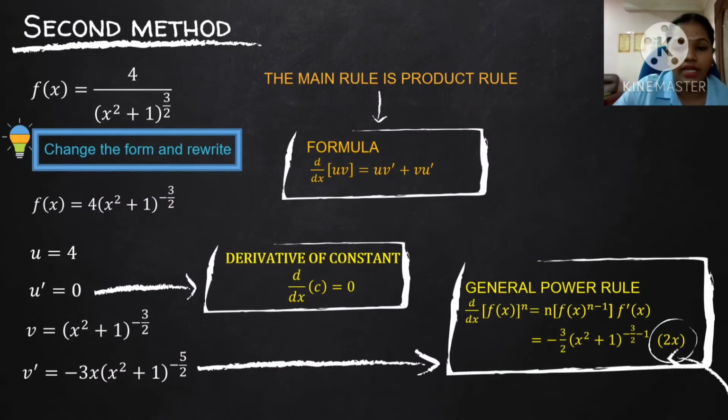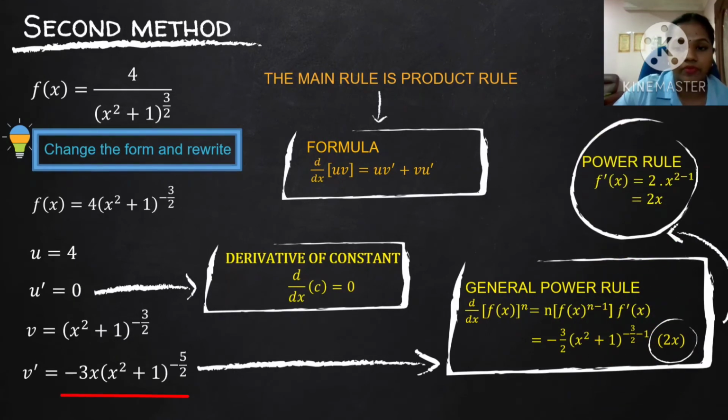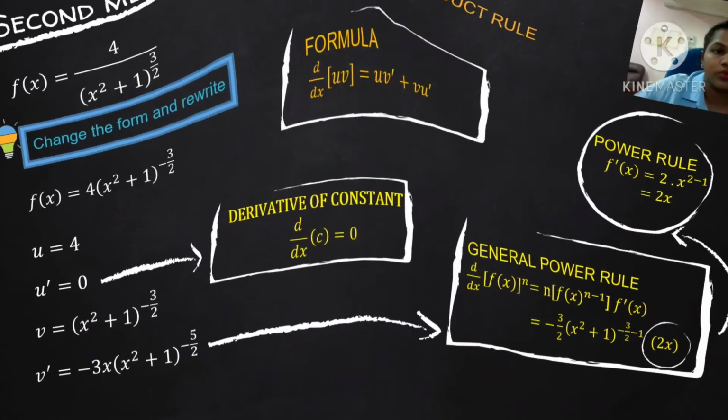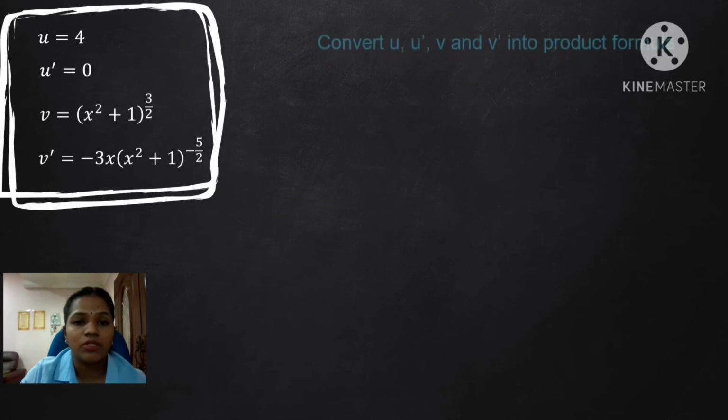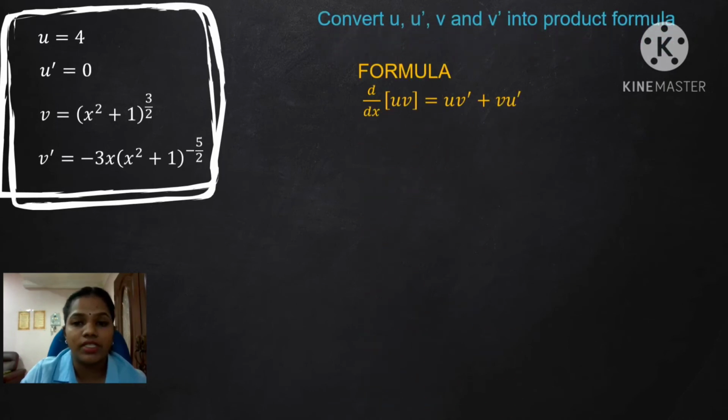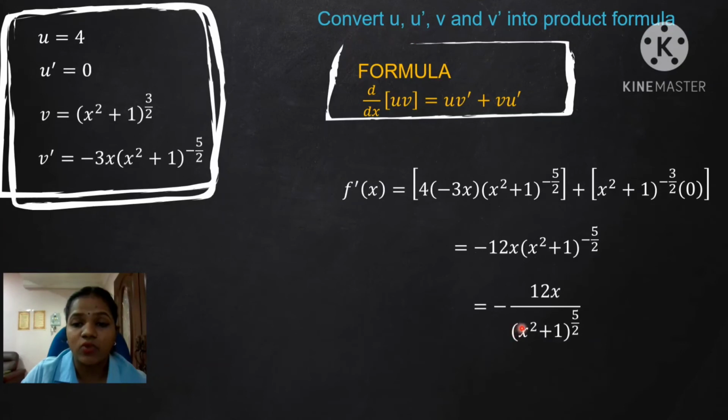The answer will be negative 3x (x^2 + 1)^(-5/2). After finding u prime and v prime, we substitute everything into the product formula. The last answer will be negative 12x over (x^2 + 1)^(5/2).